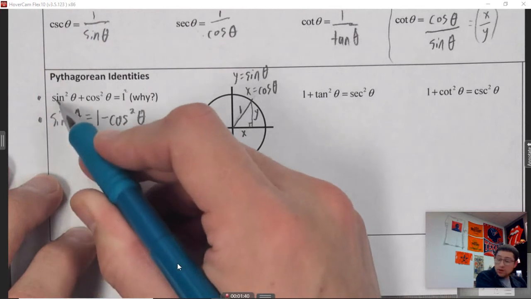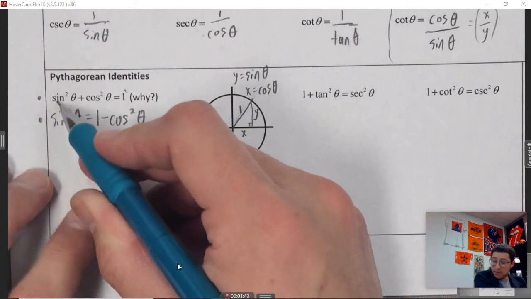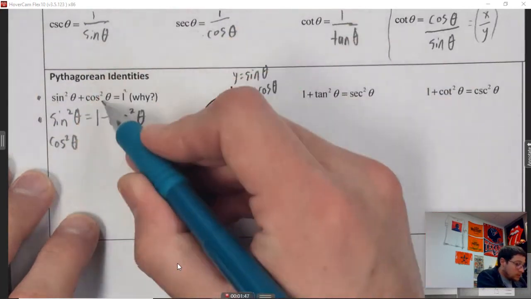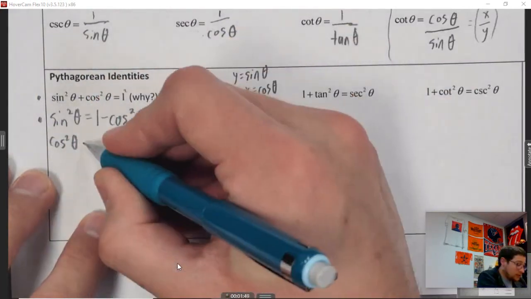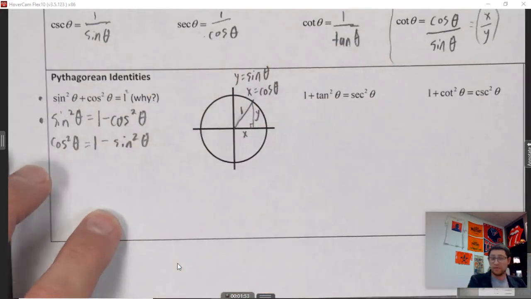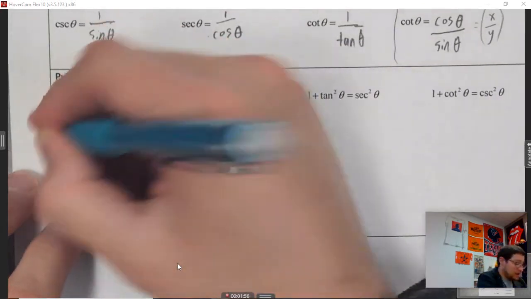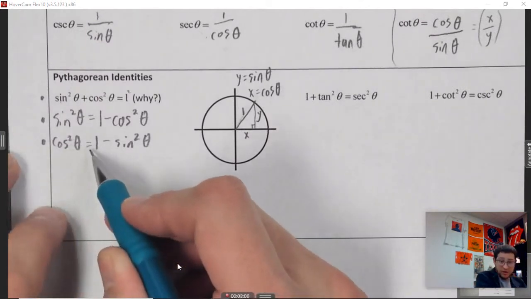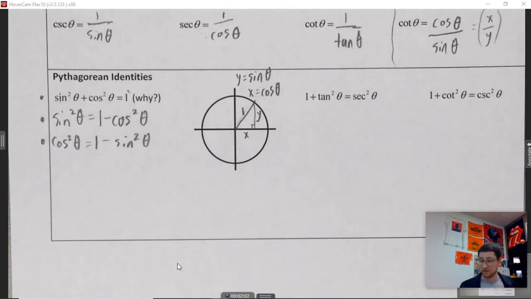Let's isolate cosine squared, getting that by itself. We're getting rid of sine squared over here, so this is 1 minus sine squared of theta. That's a Pythagorean identity. So you could replace cosine squared of theta with 1 minus sine squared of theta.